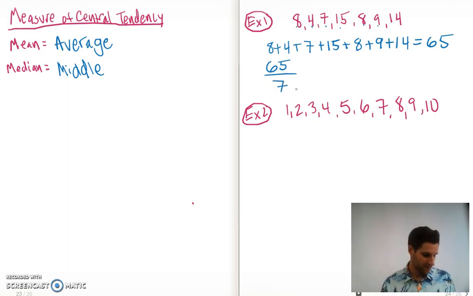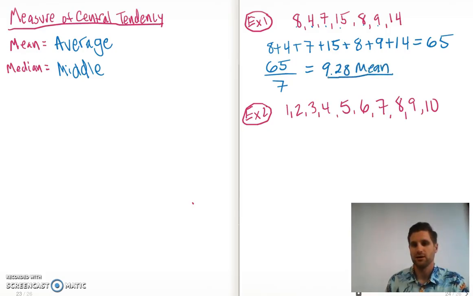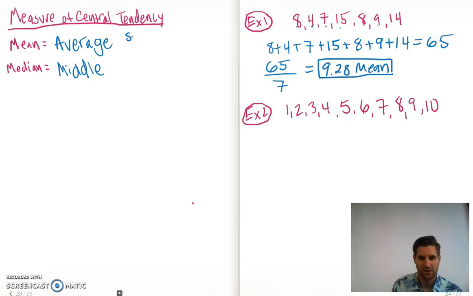So in my calculator, I divide it by 7, and I get 9.28. Okay, so this is my mean. Again, we want to say the average is the sum of all numbers divided by the amount of numbers.